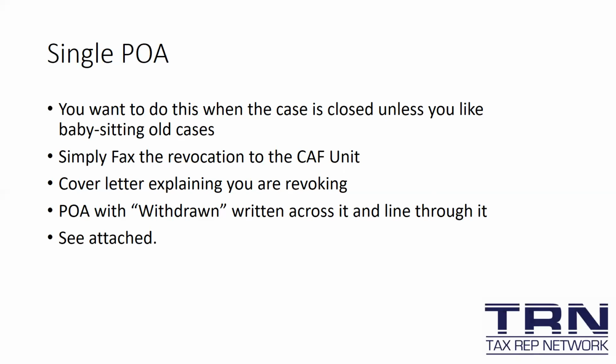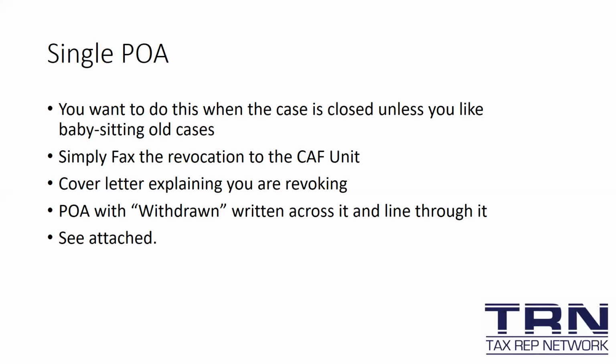If something happens to me, Jeff has to be able to call the IRS and deal with it. So even though it's my case and I'm the one working it, Jeff is on as my backup and I'm on his. So we both sign the letter. I take the POA because it's a case that's fresh, it's here, and I write withdrawn across the top, strike a line through it, and fax that, and that will revoke the power of attorney.